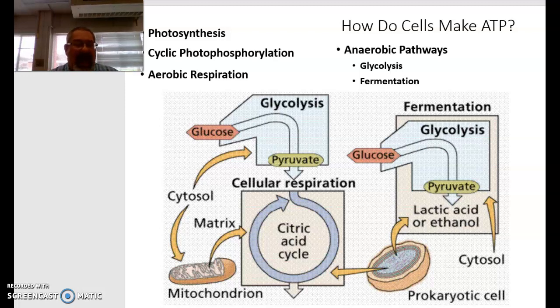So again, how do cells make ATP? By both respiration and photosynthesis in an aerobic environment, and then ATP can also be produced in small quantity in an anaerobic environment that lacks oxygen.